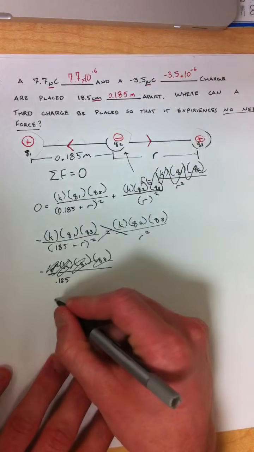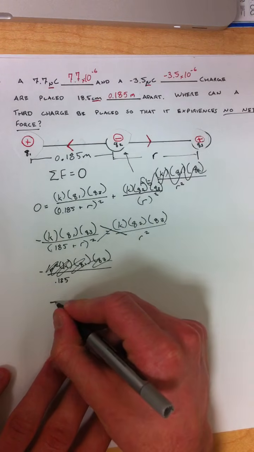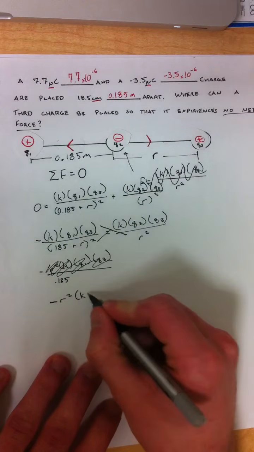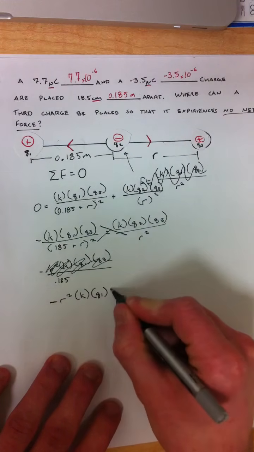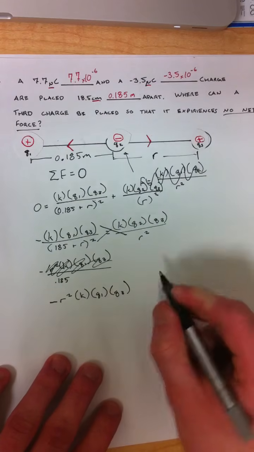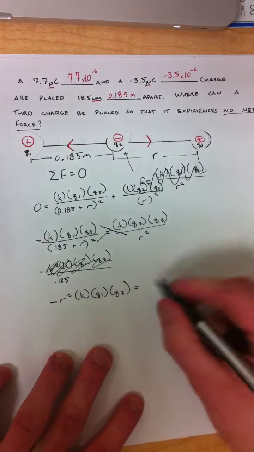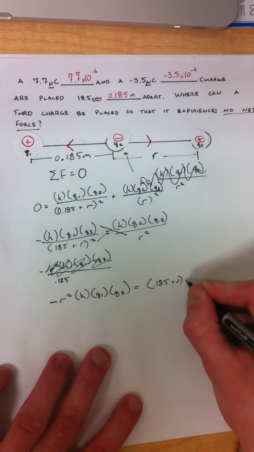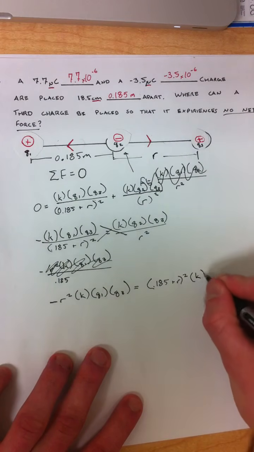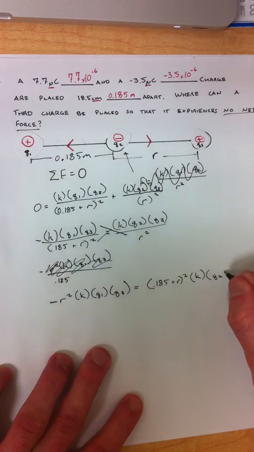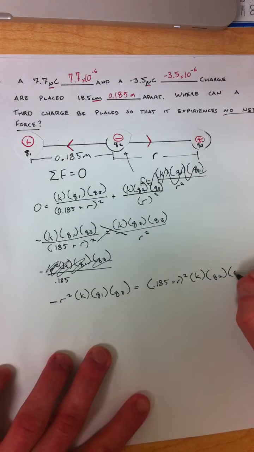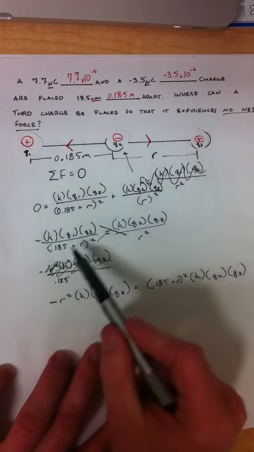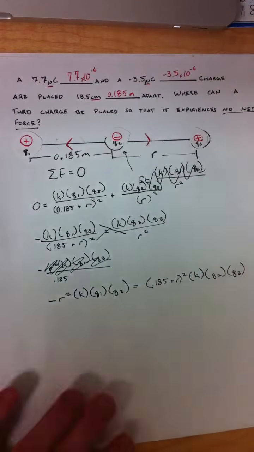Here, let me go at that again. Negative r squared times k times q1 times q3. Set that equal to the other side, so we'll be multiplying by (0.185 plus r) squared times k times quantity of charge 2 times quantity of charge 3. And that accounts for all of these different guys we just cross multiplied.